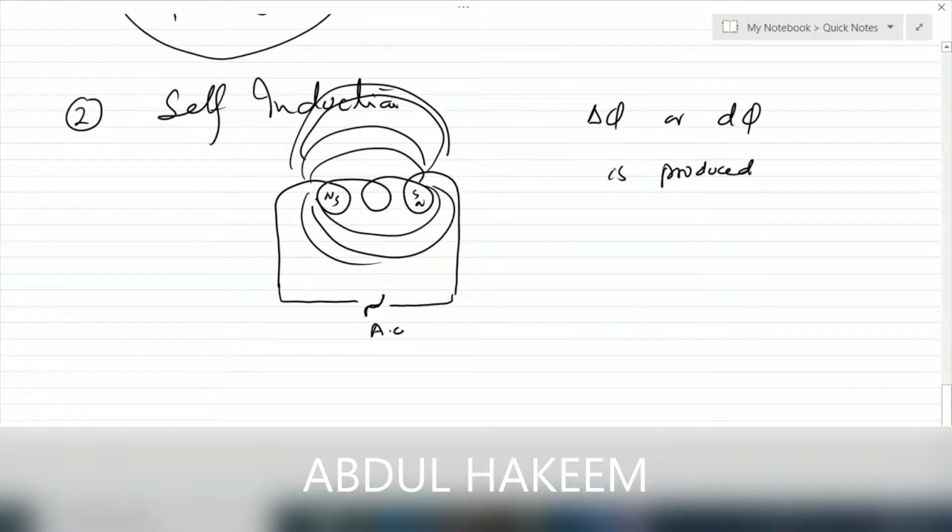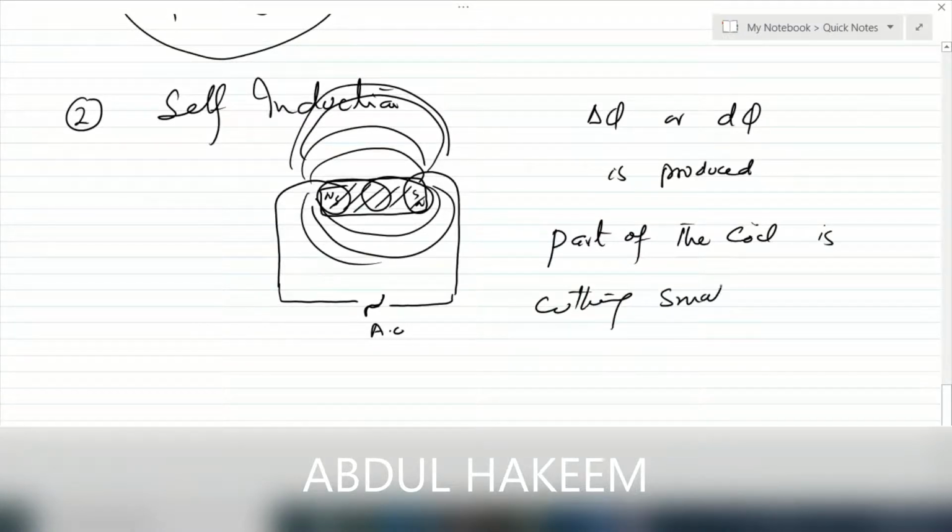Now, the coil itself, this shaded portion of the coil, is cutting a small portion of the varying magnetic flux.